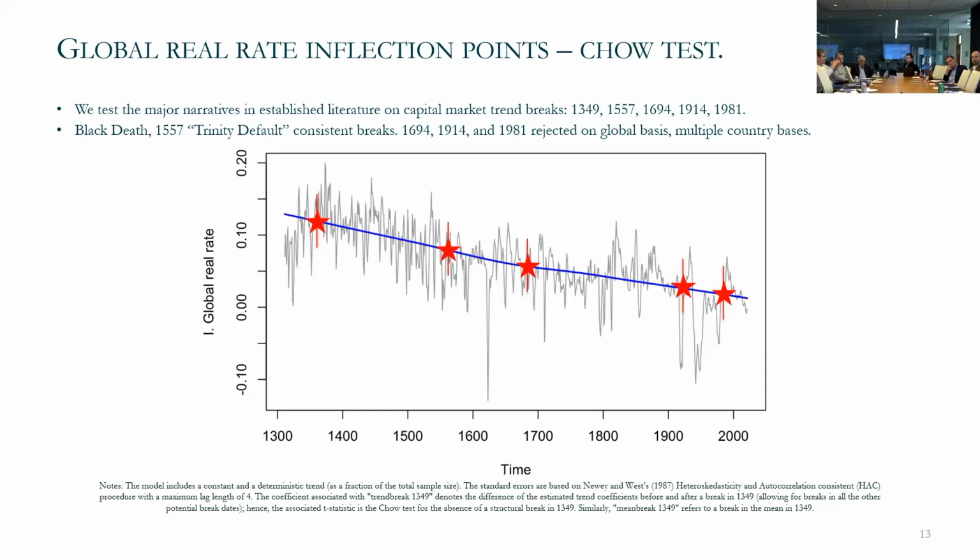Yes, so I wanted to clarify. We tested for both a break in the mean and a break in the slope of the deterministic trend. Also, since I'm here, I wanted to clarify a couple of points about the unit root tests that were mentioned before. The unit root tests do not rely on including or not a deterministic trend. So the power to reject the unit root does not require that we utilize a deterministic trend.